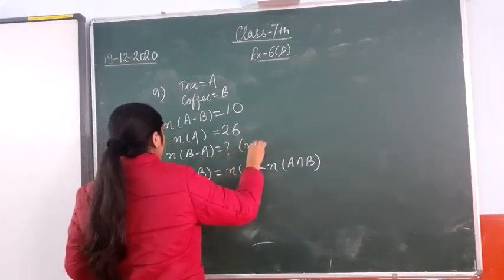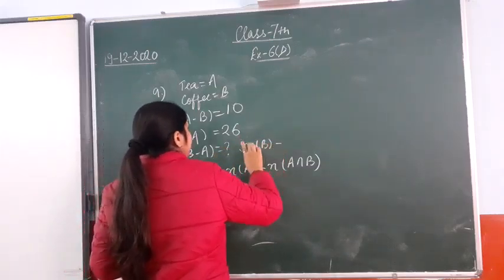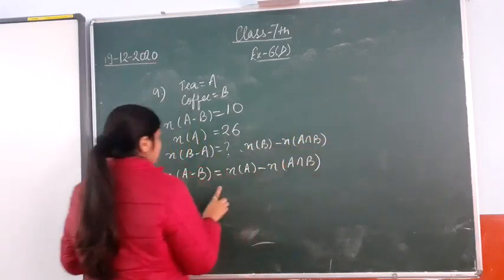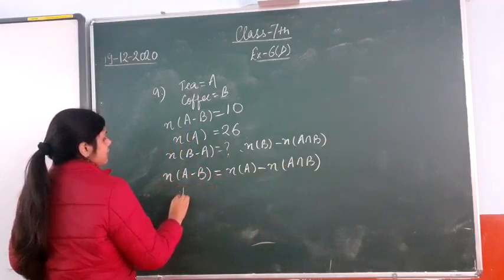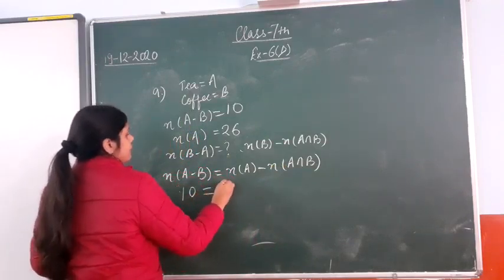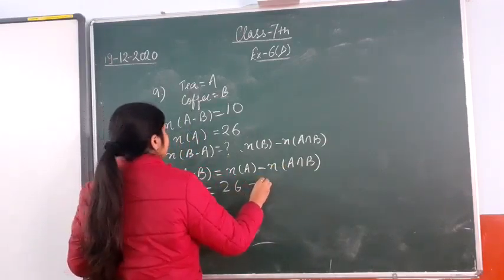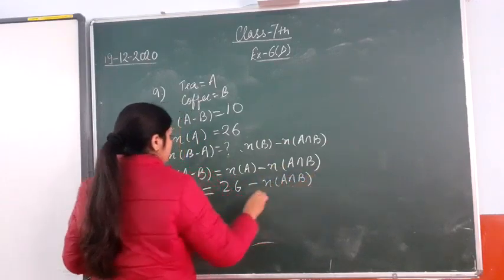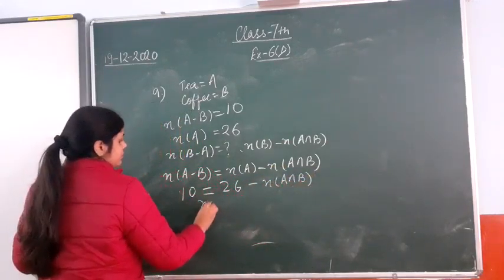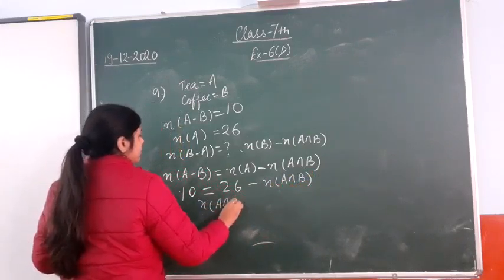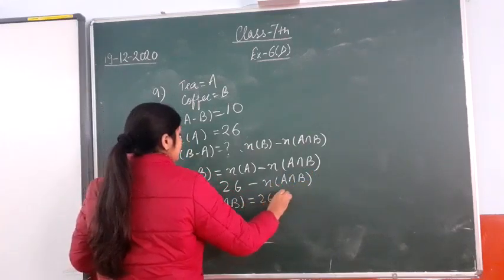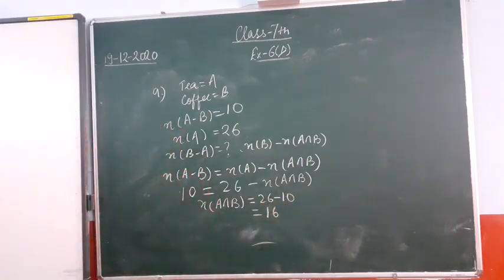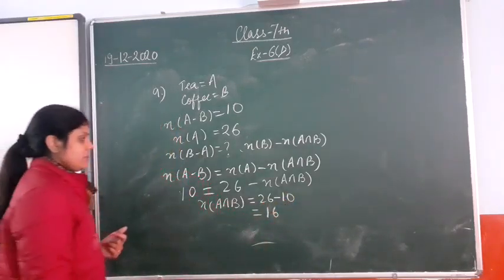You know the formula n(B) minus n(A intersection B). So now put the value. What is given here? 10. What is the value of A given? 26. This we don't know, so you will transfer this side. And n(A intersection B) is equal to 26 minus 10. What will come? 16 will come. I got the value of A intersection B.